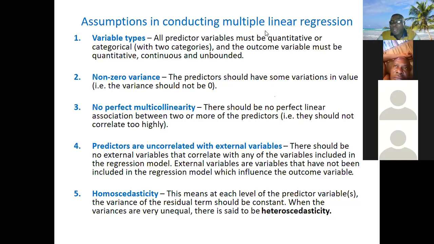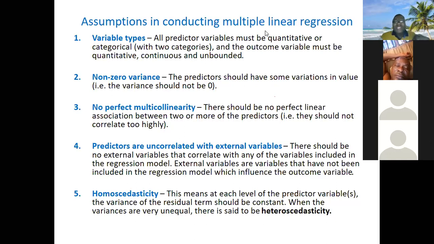When something is measured in percentage or proportion, it's bounded because a proportion cannot be greater than 1, or 100%. Or maybe you have an ordinal scale from one to 10. So there's a limit to the value of the outcome.